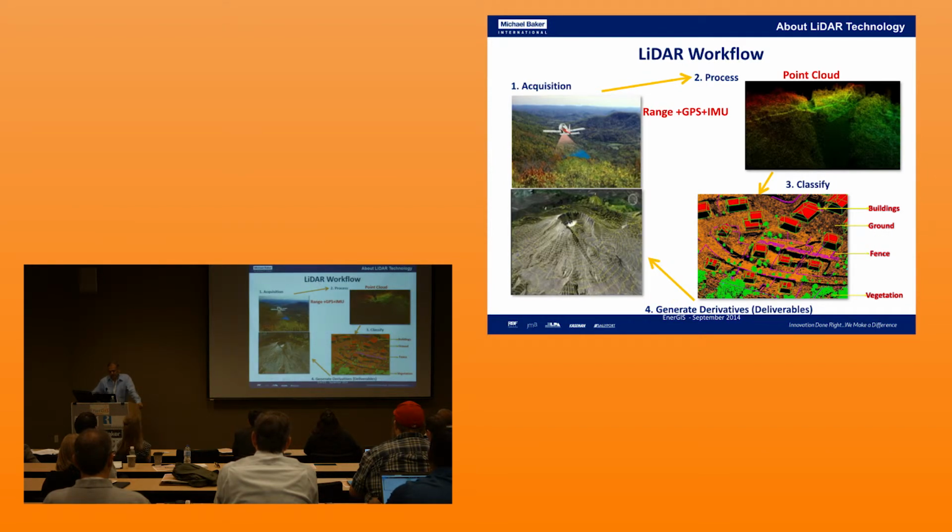So this is a pictorial workflow in a very, very simplistic manner. You fly the aircraft, collect the LiDAR, and once you collect the data, you will have 3 different inputs. One is the range information from the LiDAR sensor. You will have the XYZ information from the GPS, and you will have the phi, omega, kappa from the IMU.